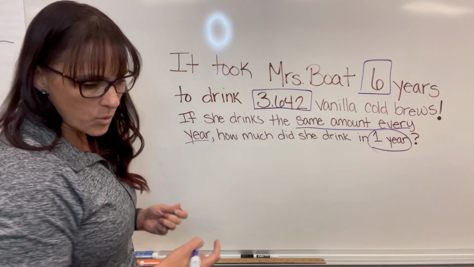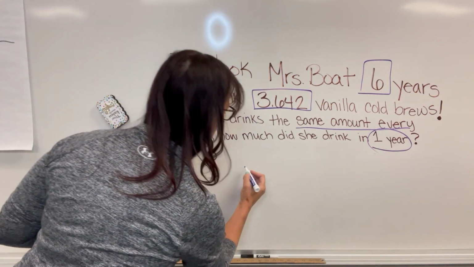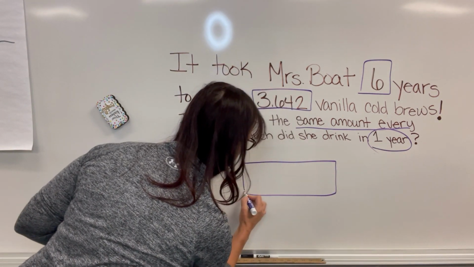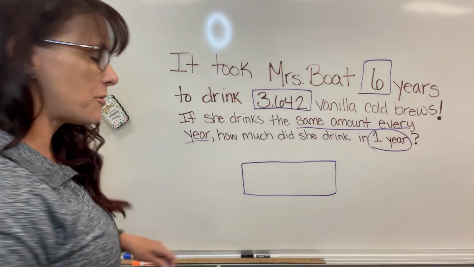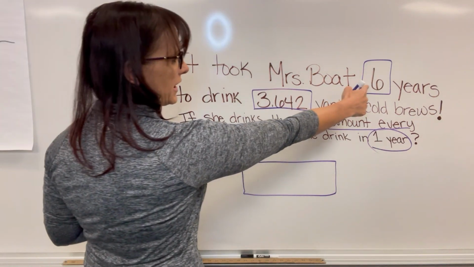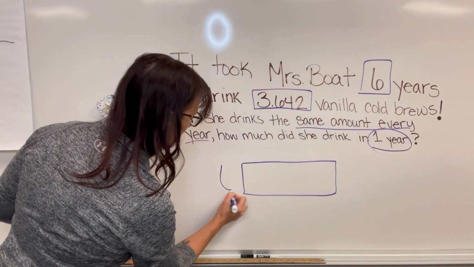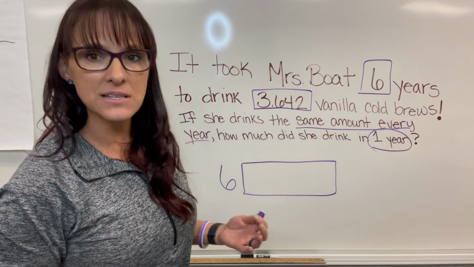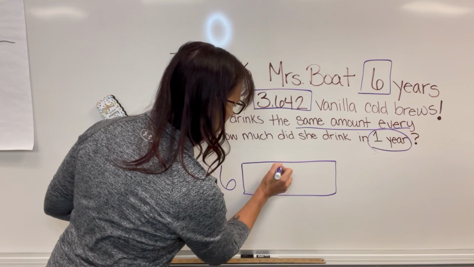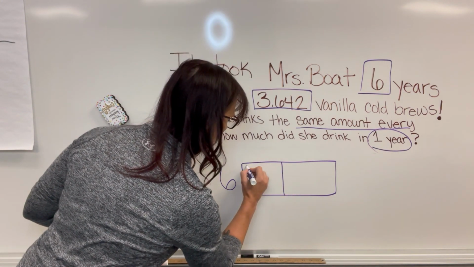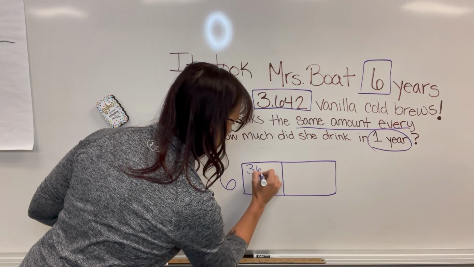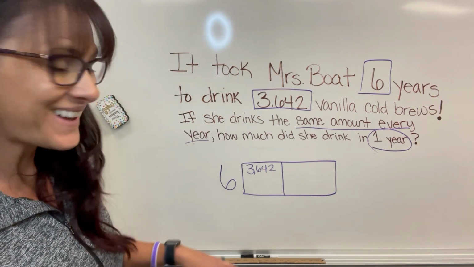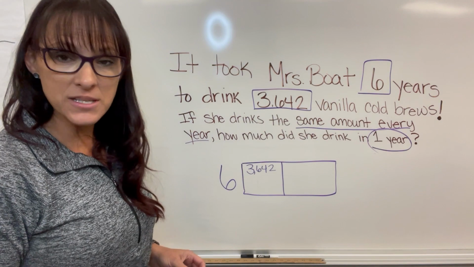So I'm gonna start with a box. Okay, hence the box method, because I'm starting with a box. I'm gonna put my divisor over here, and I'm trying to get to 3,642. So I'm gonna start with that, 3,642. I'm gonna try and see what I can multiply by to get as close to that as possible.